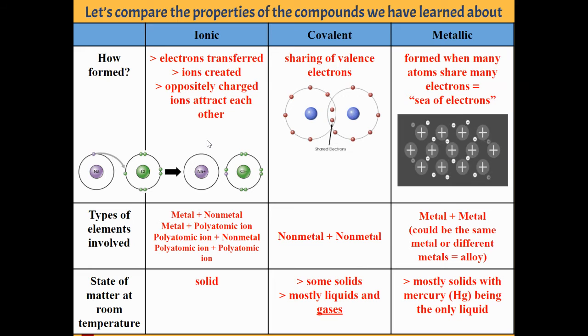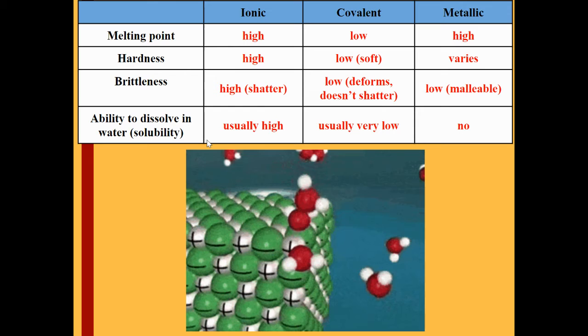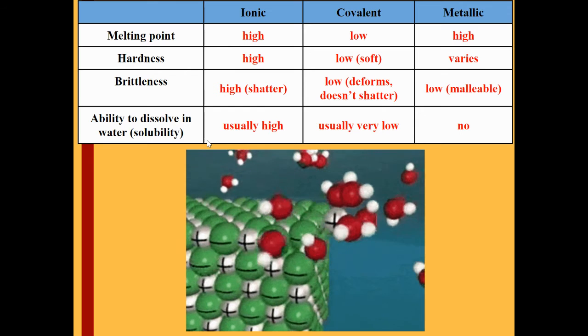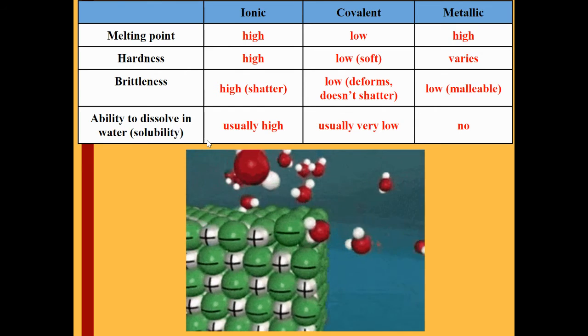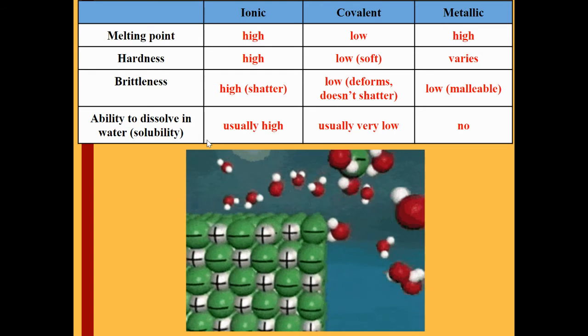If we compare these three types of compounds, ionic will be solids at room temperature. They have very high forces of attraction between the particles. Covalent, some are solids, but they tend to be softer solids, and most are liquids and gases, especially gases. Metallic are mostly solids, with mercury really being the only exception that is a liquid. If we think about melting point, ionic compounds are very high in their melting point.